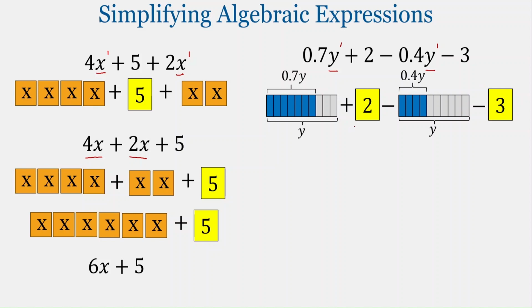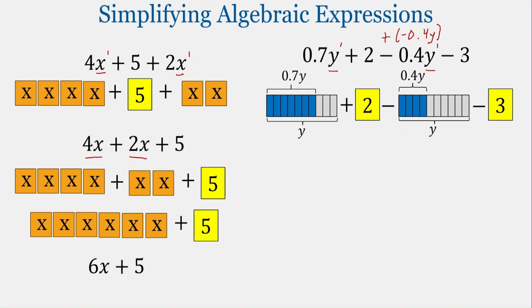We will continue to use the associative and commutative properties of addition to reorder the terms in this algebraic expression. But first, if you notice, we don't just have addition. We also have subtraction. But subtraction can be written as addition. So instead of having a minus 0.4y, we can rewrite this as plus a negative 0.4y.